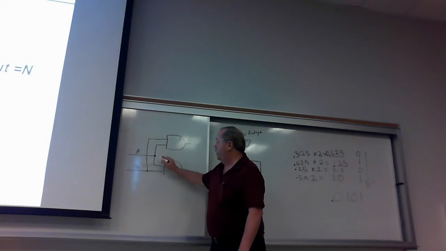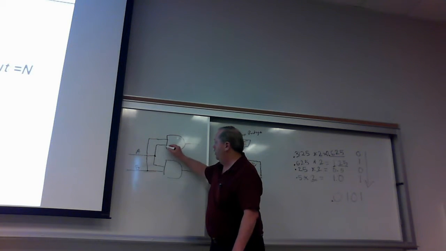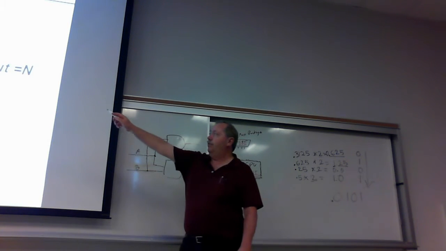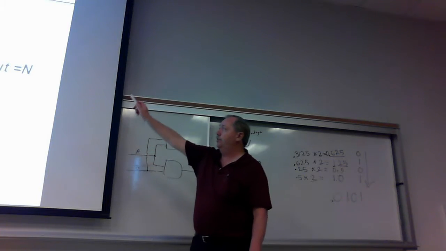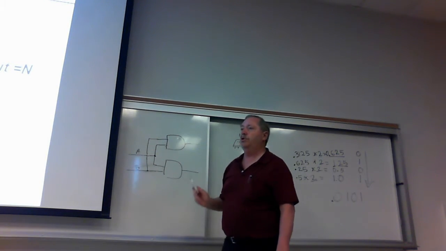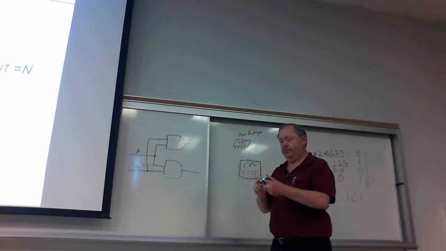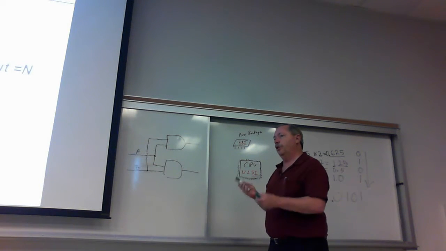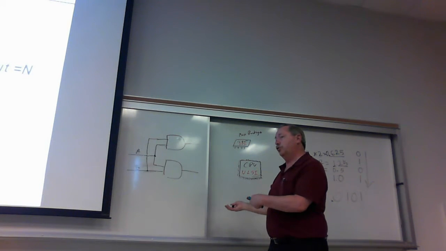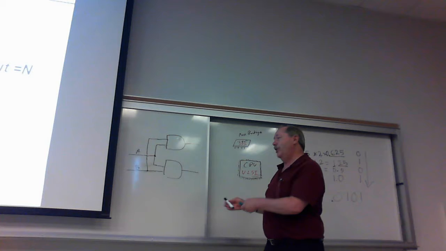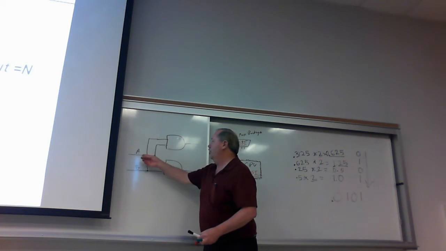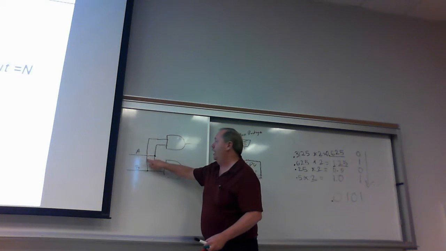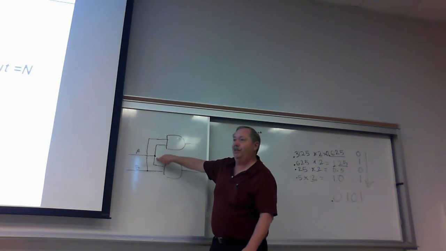But A is electrically connected with this input and this input, just like that inverter is electrically connected to 1, 2, all the way through N. So we're just trying to show you in a two-dimensional drawing that we can have things appear to be connected, but they're not, and things that are definitely connected.